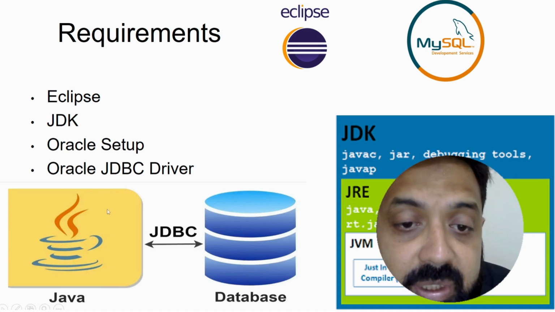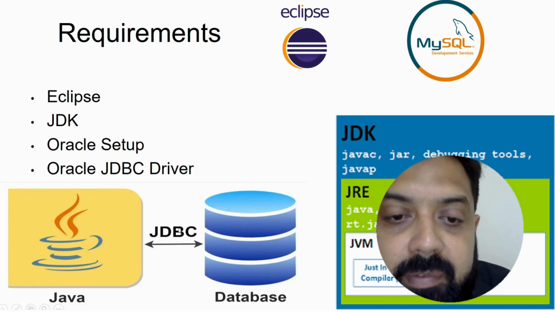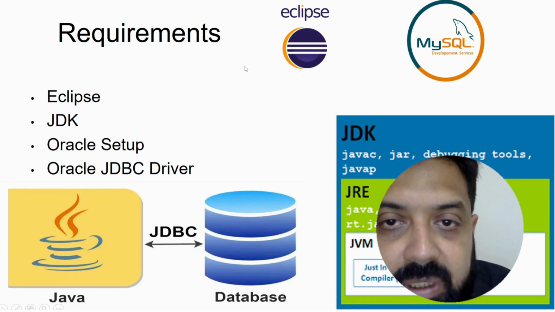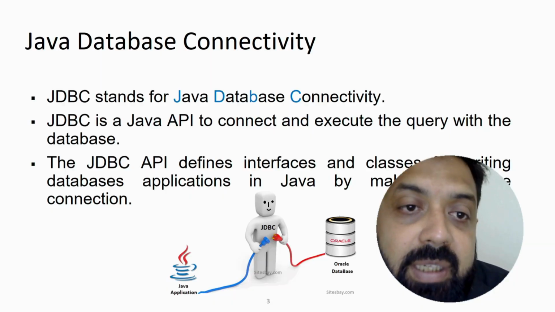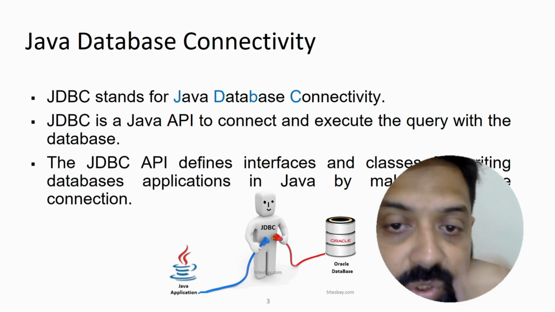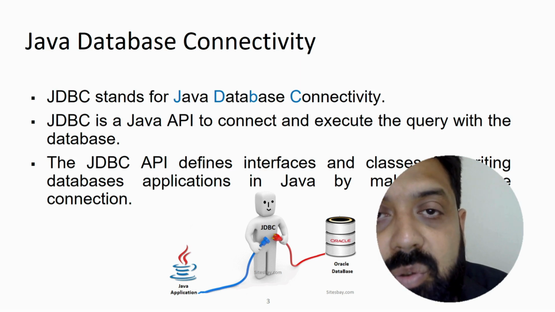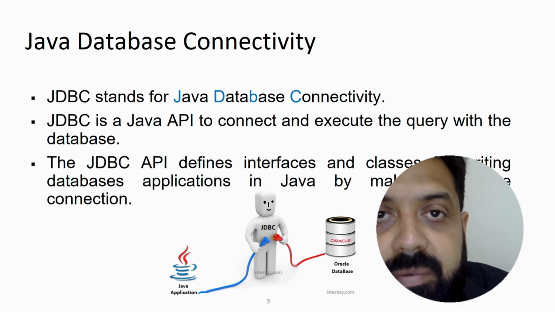The JDBC connector, you can easily install it from the website and integrate it with your Eclipse IDE. This connector is an external API that provides connection between your Java program and your database program.